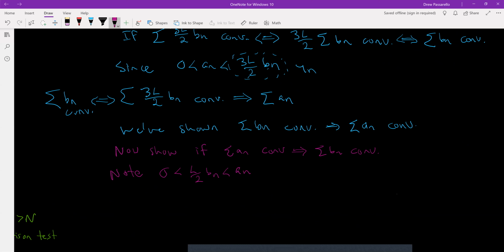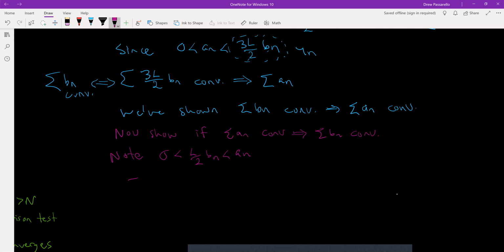And so if the series of an converges, then that means the series L over 2 times bn converges by comparison test.